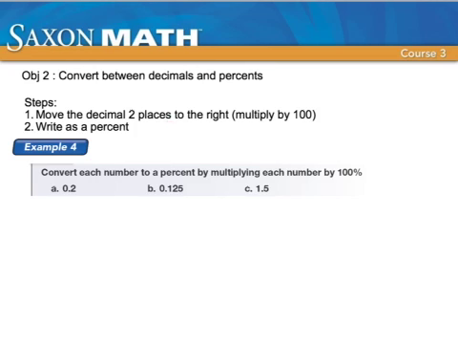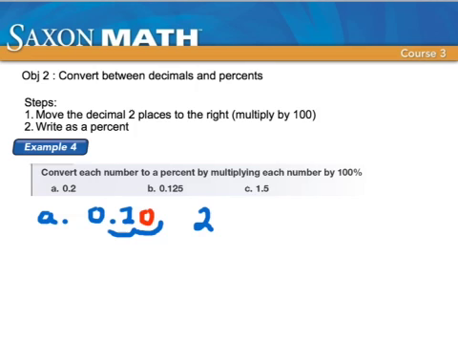So let's look at A. 2/10. I want to move my decimal 2 places to the right. So I'm going to move it once, twice. Now I'm going to write my 2 that I had, and in this space right here I have to fill that in with something, so I'm going to put a 0 there.